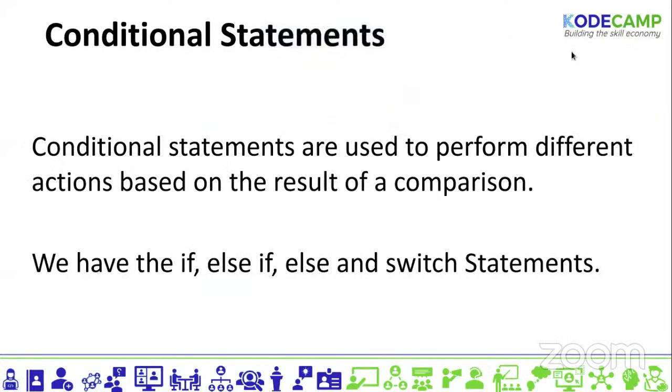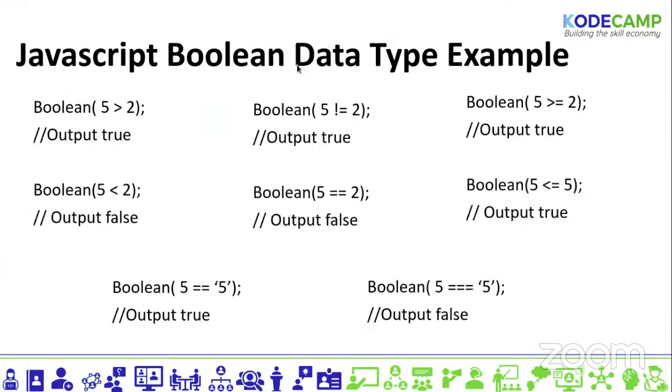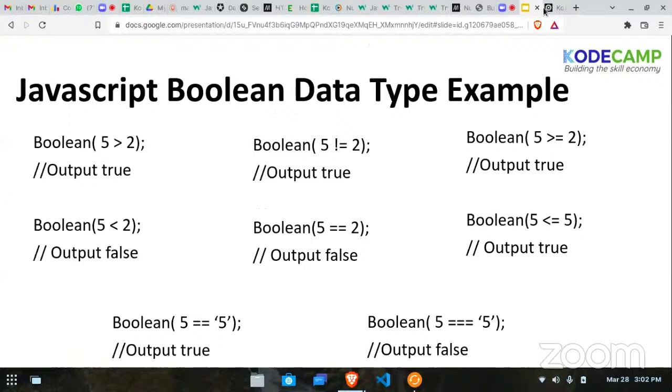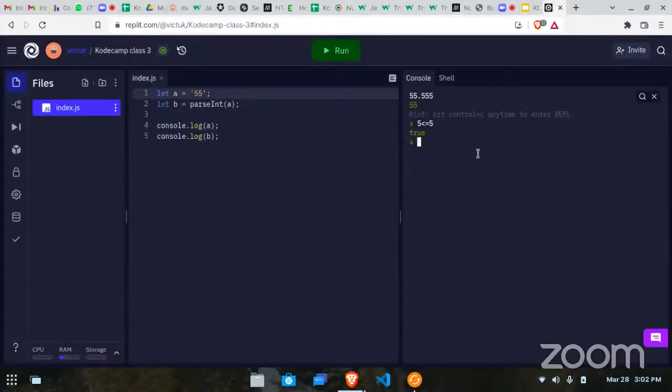So let's continue. Let's just play around with this a bit. If we do a Boolean, is one less than one?